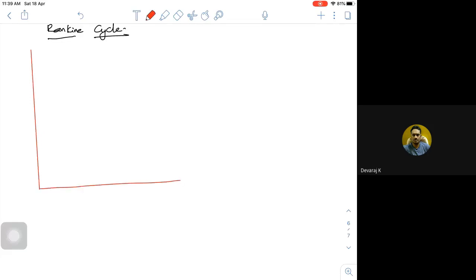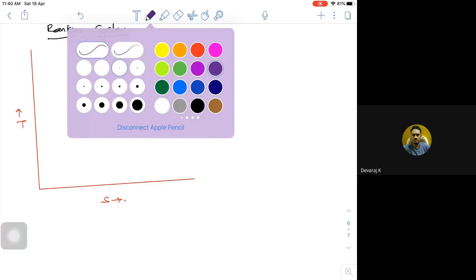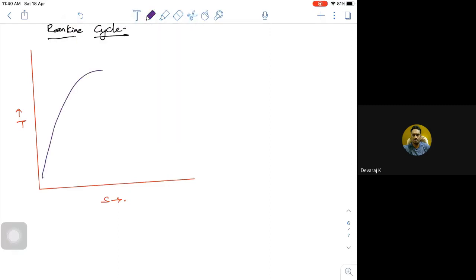So I do have this particular thing. This is my temperature, this is my entropy, and I can have a dome like this. This dome represents your dry condition.